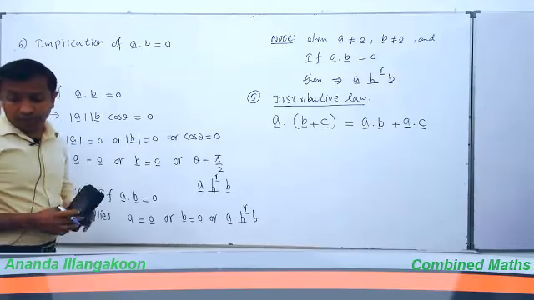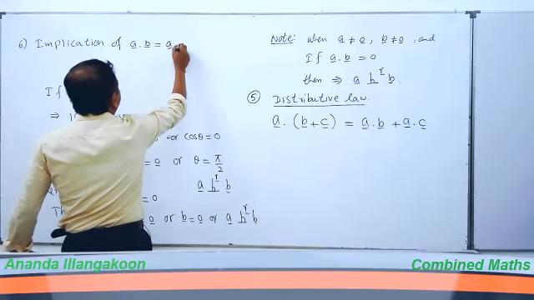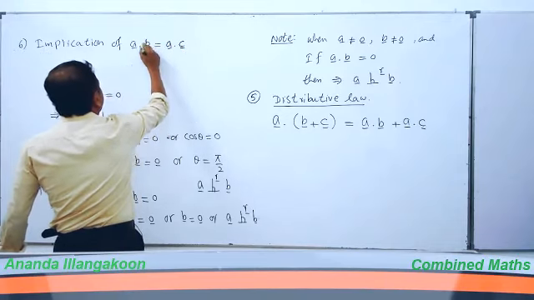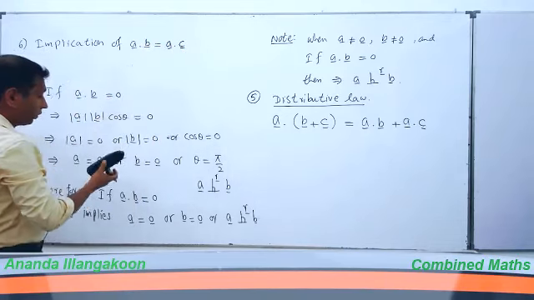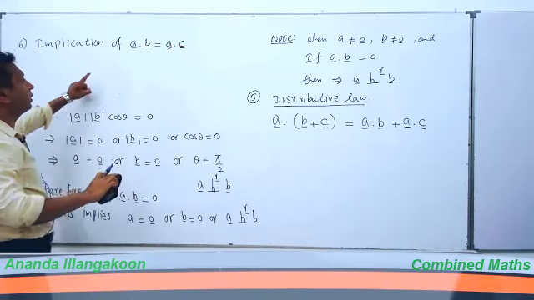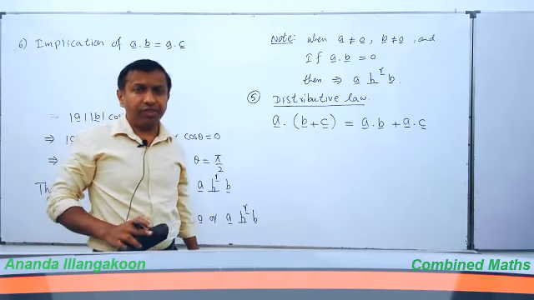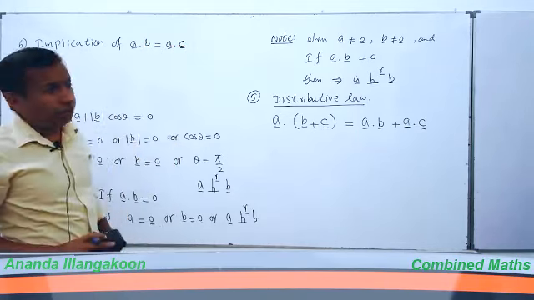Implication of A dot B equals A dot C. Implication means, people, by this equation, what result we can obtain, or what result it says.